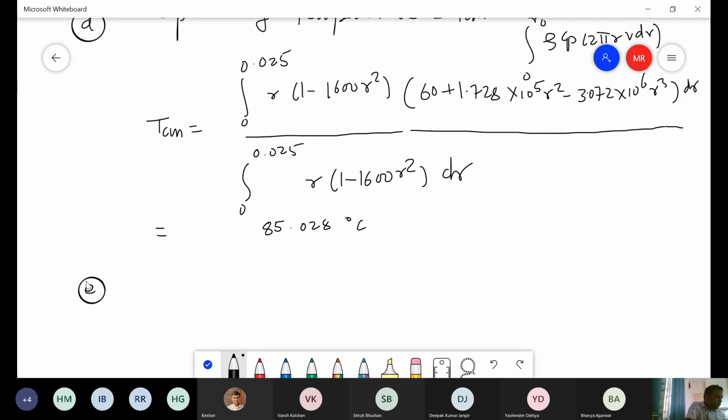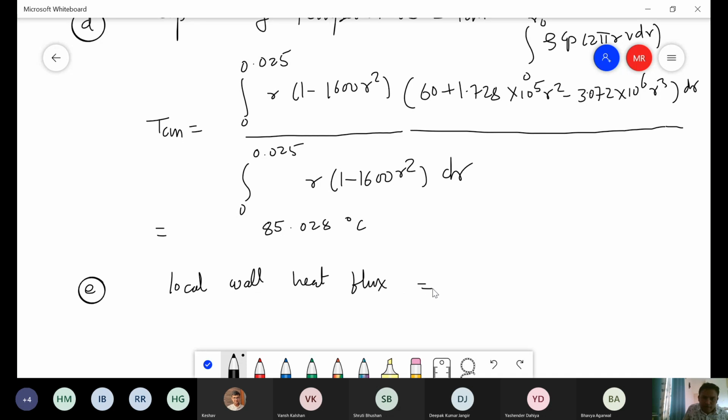In the next part, what we have to find out is the local wall heat flux.